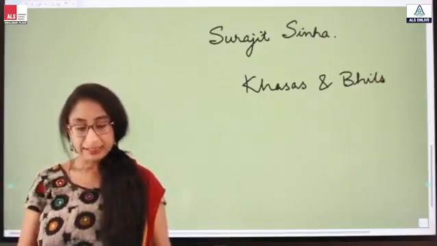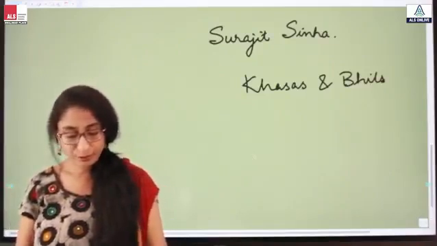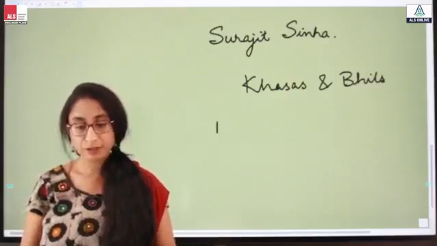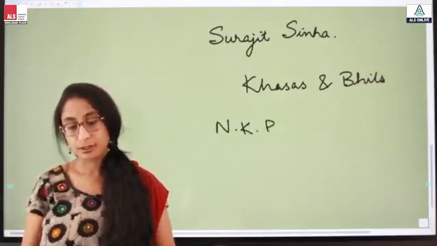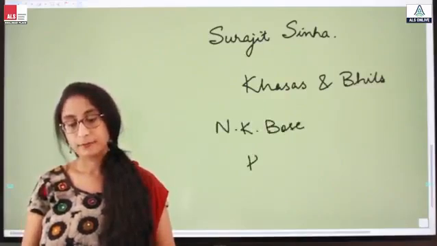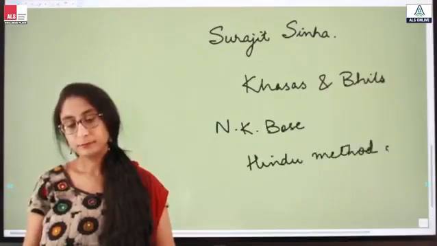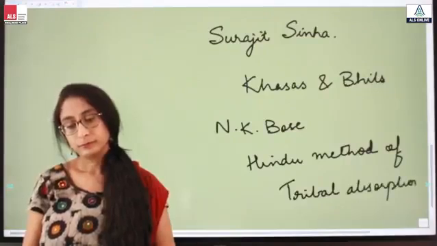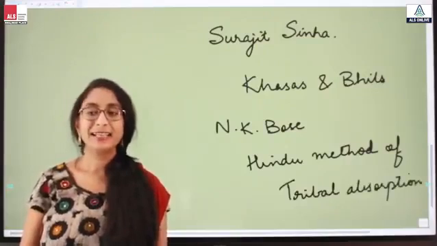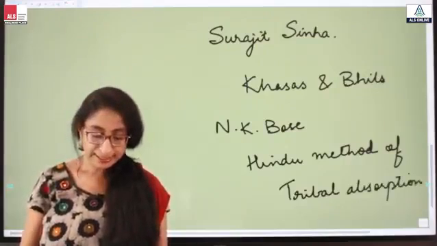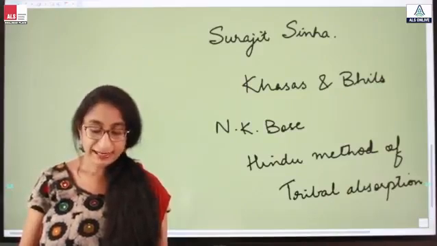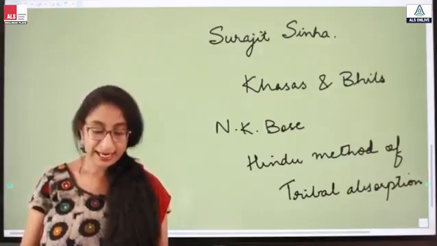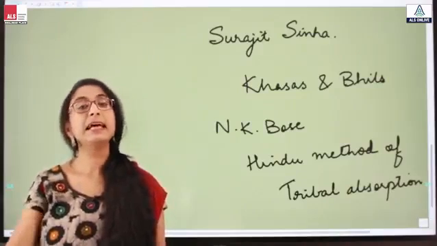Okay. Then comes Nirmal Kumar Bose. Nirmal Kumar Bose, in his book, The Hindu Method of Tribal Absorption, says that there are certain similarities in the customs between tribes and caste, and they are interdependent.